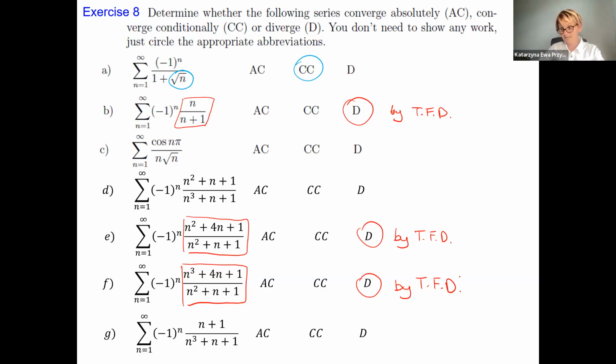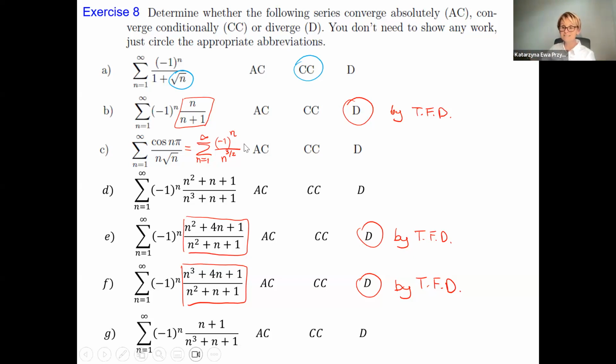Okay, which one? C. What we can say about C? It's absolutely convergent, really good. What I can write, I hope we remember, especially from the first section in chapter 10, sequences, cosine of n pi behaves like negative 1 to the n. And this is n to the power of 3 halves.